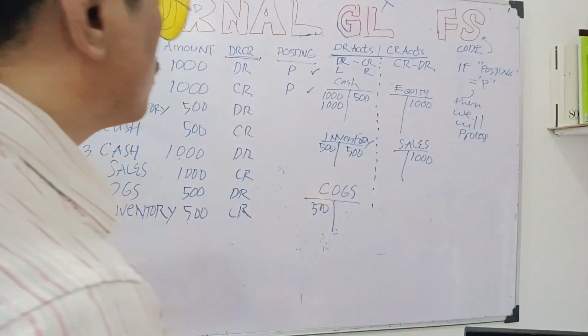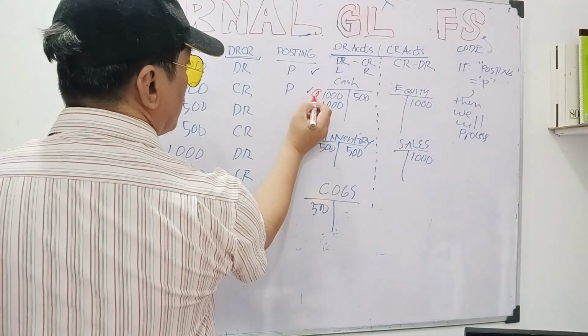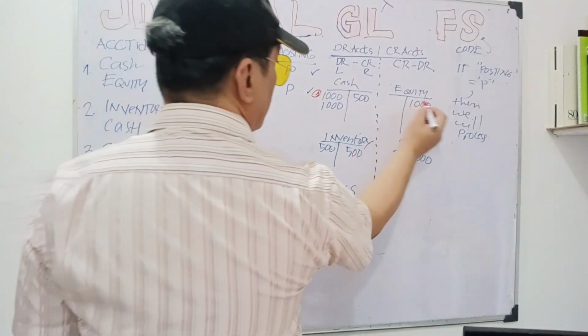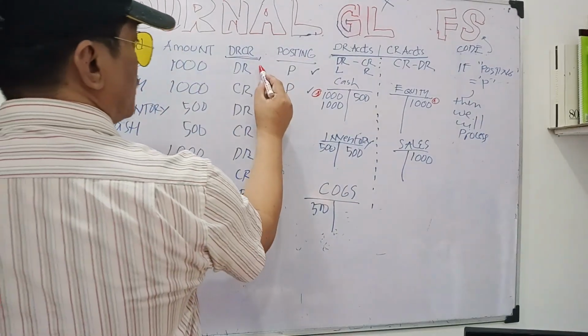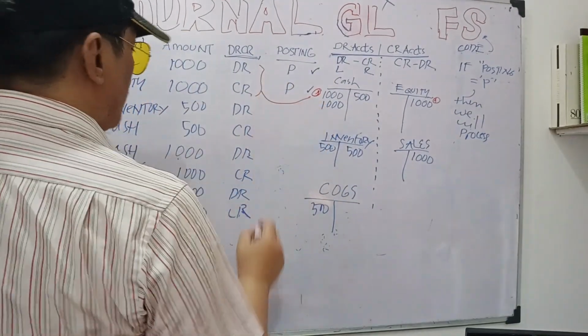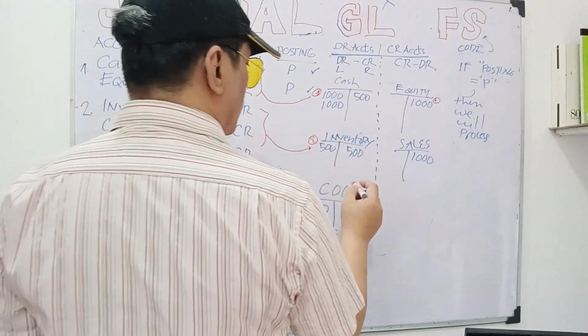So as we try to review, the first entry we have here is the 1,000 investment, right? The second one, inventory, we bought inventory for sale.